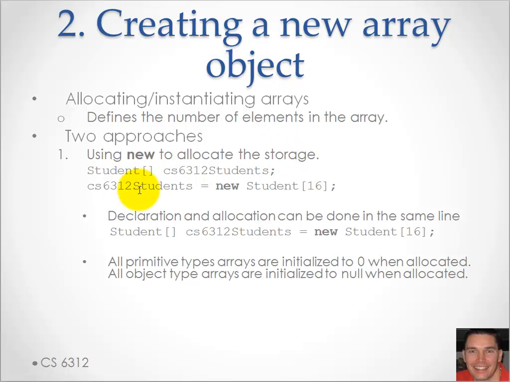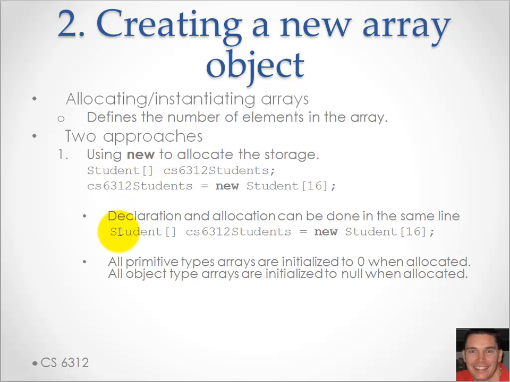So here I've declared it, and then here I'm doing the allocation. CS6312 students equals a new student, and here's where I'm defining the number of students I want this array to contain. Notice here, since I'm using new, that CS6312 students is actually an object. So this is a reference variable.